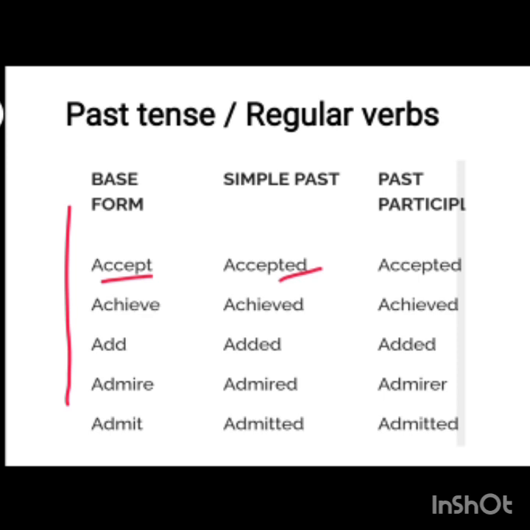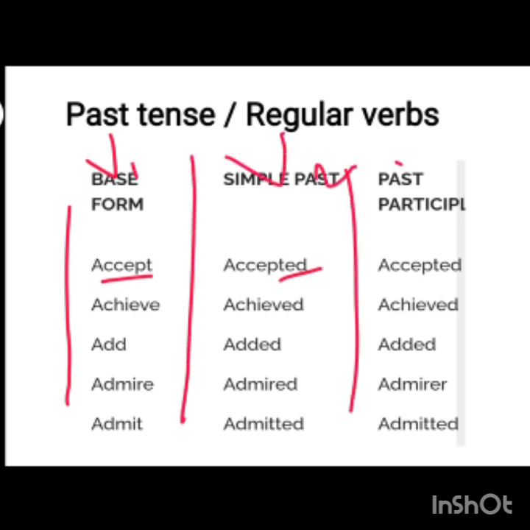For example, this is verb 1, this is verb 2, this is verb 3. See here, the main verb accept, we added ed: accepted, accepted. Achieve, achieved, achieved. Add, added, added. Like that we should add ed at the end of the word.